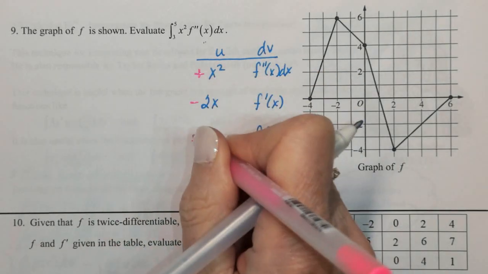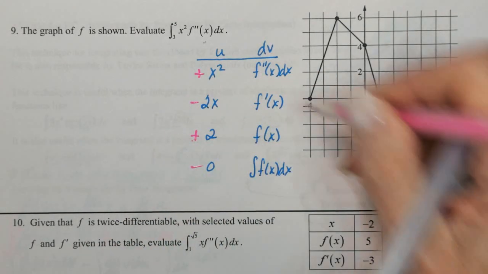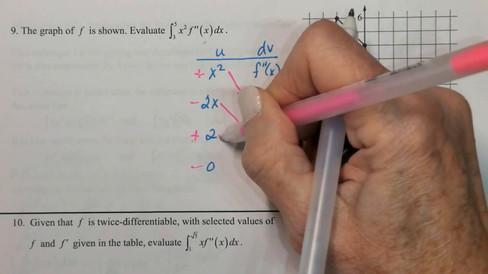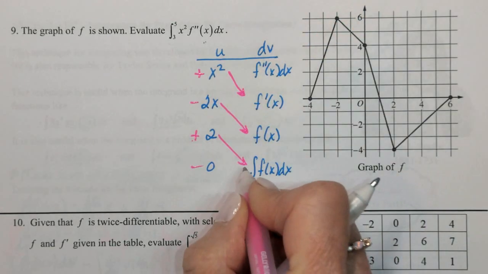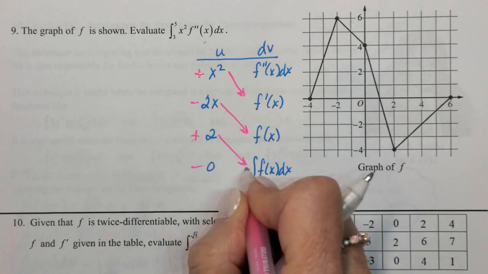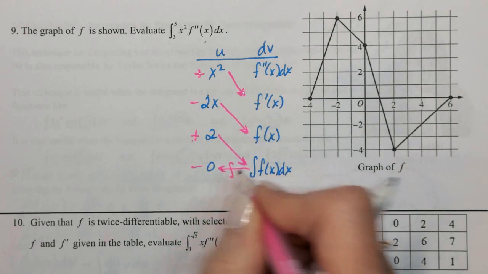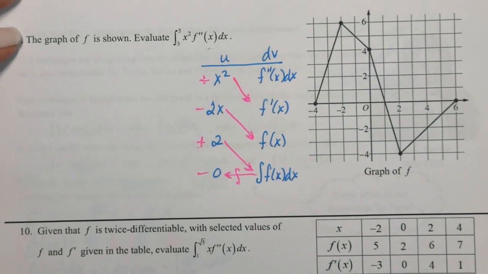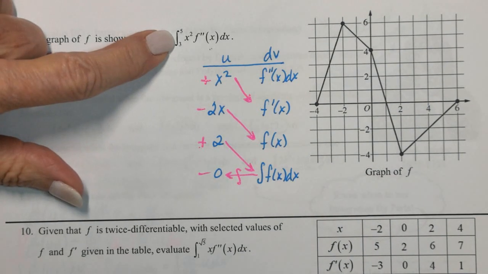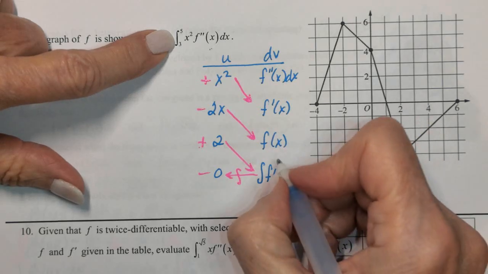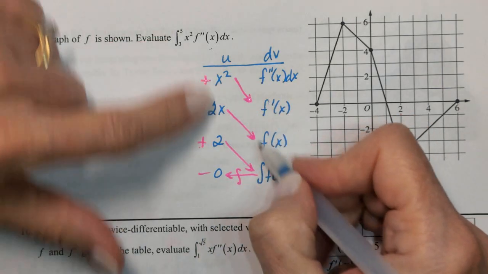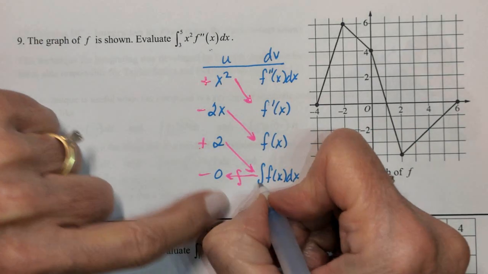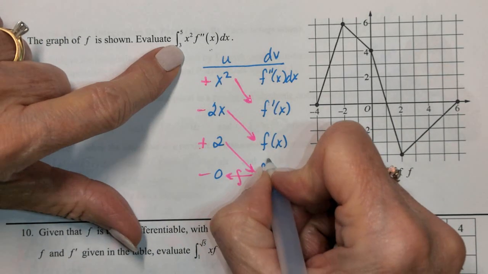Plus, minus, plus, minus. We multiply diagonally. And we would integrate horizontally, but that is going to be a 0. So we're just going to multiply diagonally. I know I have boundaries, so I'm going to apply the boundaries to the things that I can, and then for this integral, I'll put my boundaries back on.